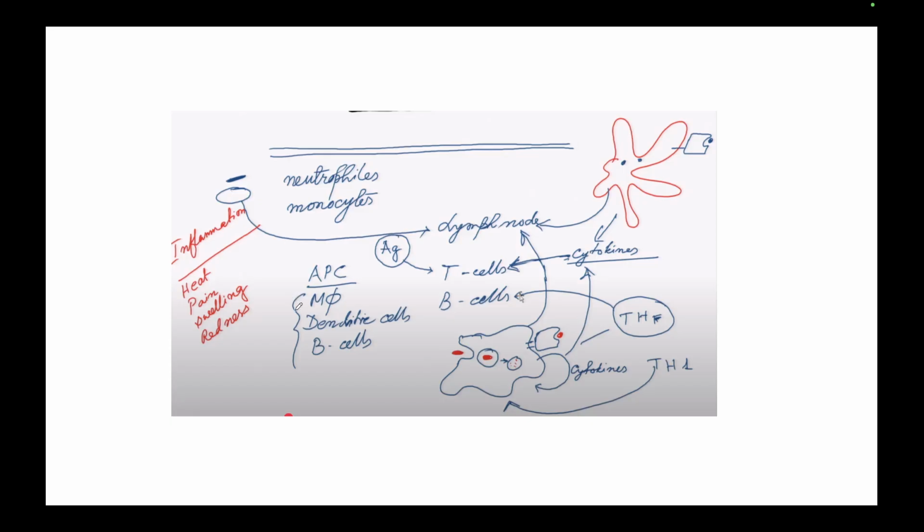There are professional antigen presenting cells which include macrophages, dendritic cells, and B cells or B lymphocytes. These three are antigen presenting cells, and they present antigen to the B or T lymphocytes.